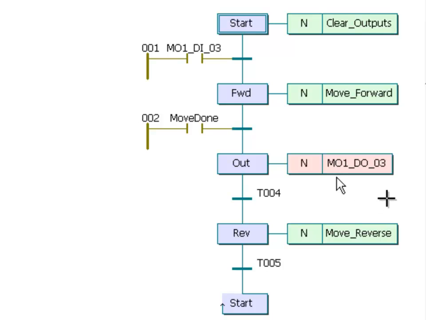And now you can see that turned it salmon, kind of a pinkish color. What this means is that when the out step is active, the output 3 will be active, and when the out step becomes inactive, basically when we go to another step, that output will turn back off. So that's exactly what we want without writing any code at all.